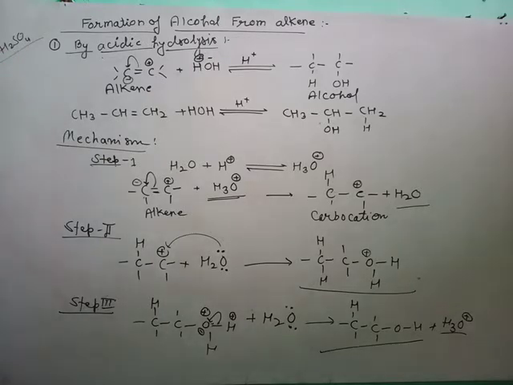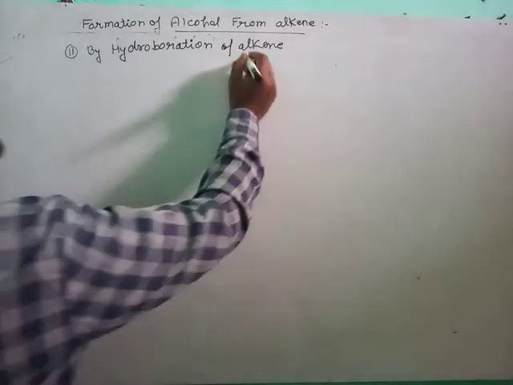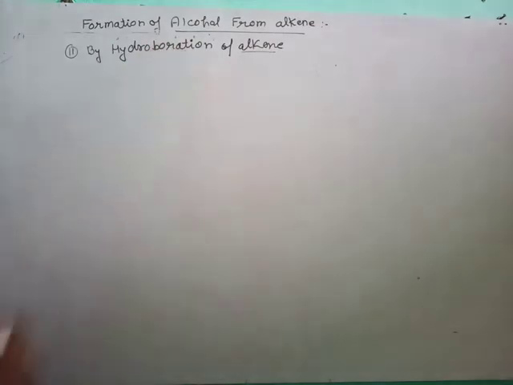And next, the second method. The second method of formation of alcohol from alkene is by hydroboration. This is a simple reaction.